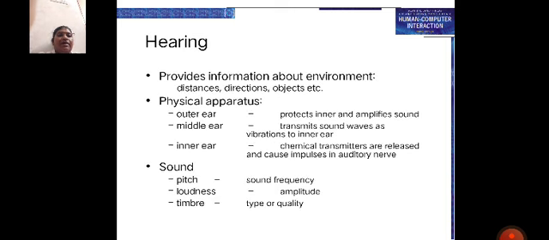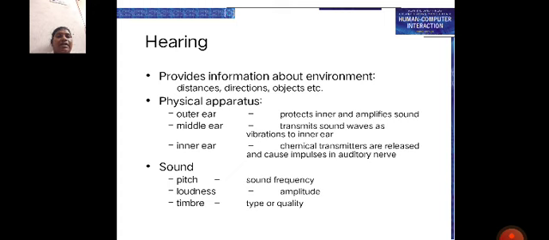In terms of hearing, it provides information about the environment, such as distance, direction, and object. In the physical apparatus, the outer ear protects the inner ear and amplifies the sound. The middle ear transmits the sound waves as vibrations to the inner ear.